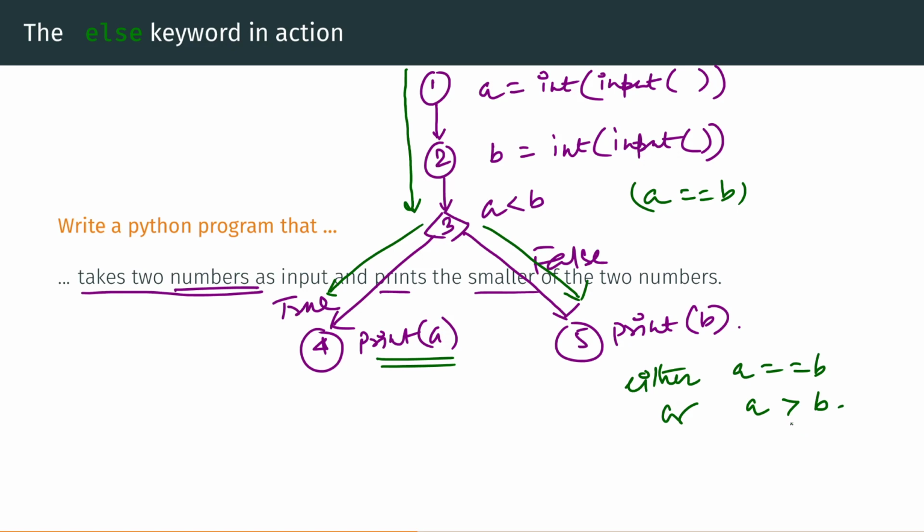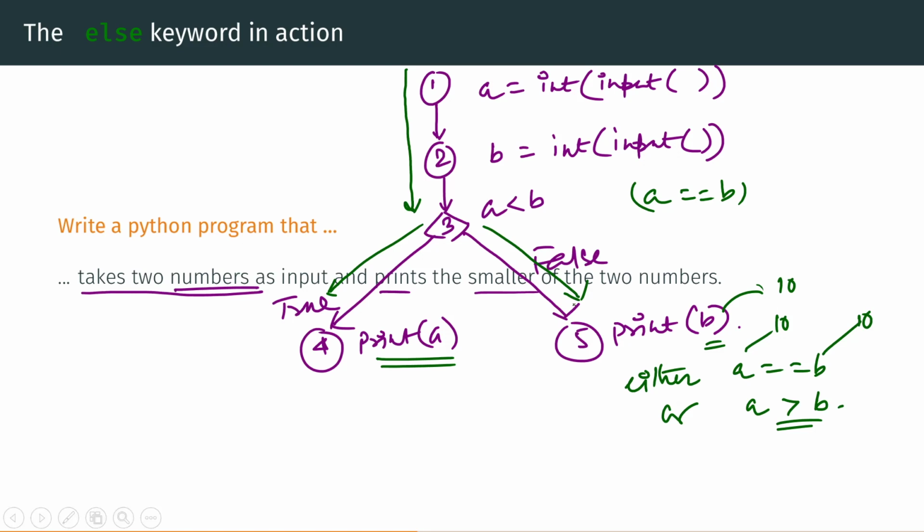If a is greater than b, obviously b is smaller and we print b. But if a is equal to b, then we can print either one. If a is 10 and b is 10 as well, and we print 10, it doesn't matter whether that 10 comes from a or b. So that's why this condition works.